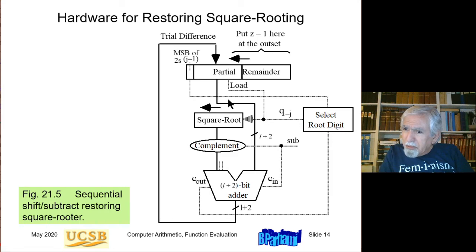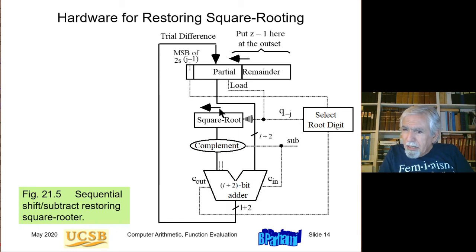I do the trial subtraction, okay, which is basically the partial root ended with that 0, 1 that I mentioned. So this adder has to be wider than the fractional part of my number by 2 bits because that left shifting is required.